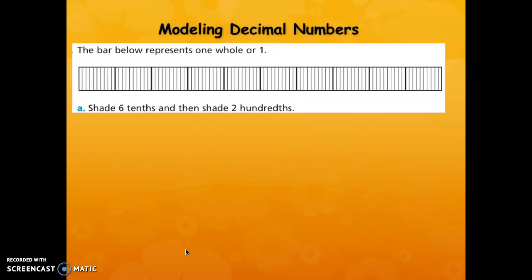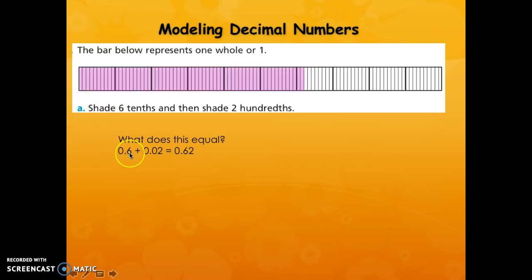So let's look at this on a bar. Notice that each line with the dark line, so this box, we would have 1, 2, 3, 4, 5, 6, 7, 8, 9, 10 of those. So a big box represents a tenth, and those are each divided into 10 smaller sections, so we would have 100 of those smaller sections. So if we were to shade 6 tenths, 1, 2, 3, 4, 5, 6, and 2 hundredths. Now we're going to do 2 of the little ones. We would have what?